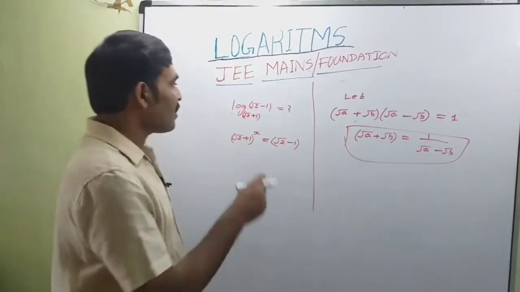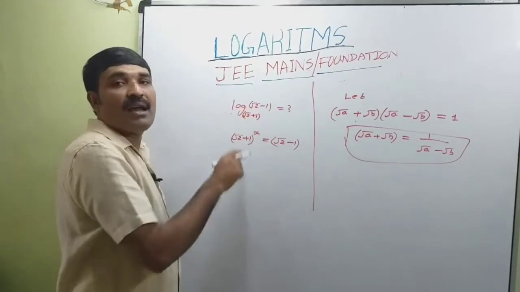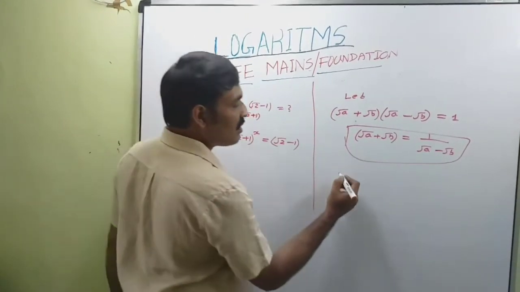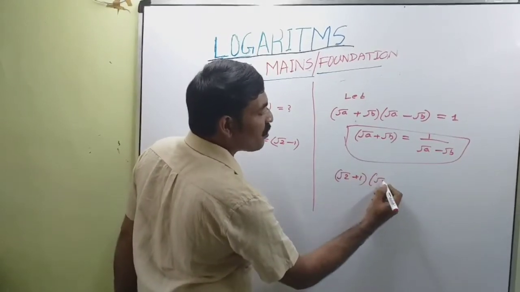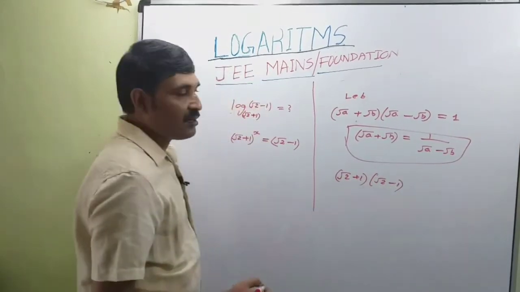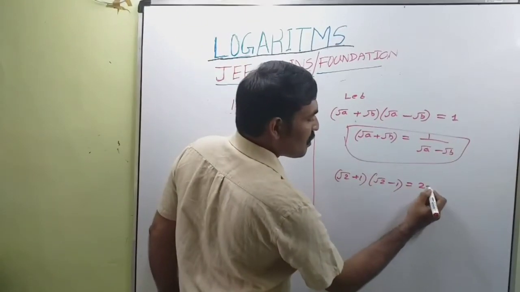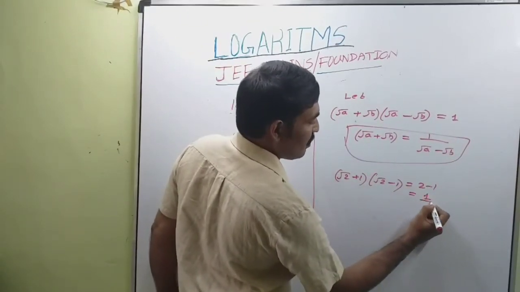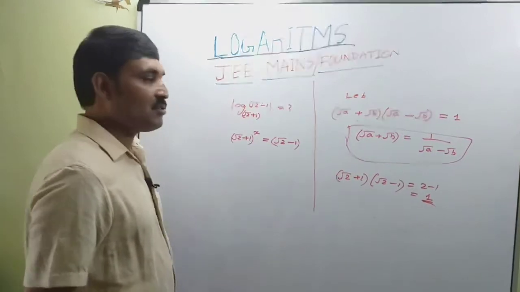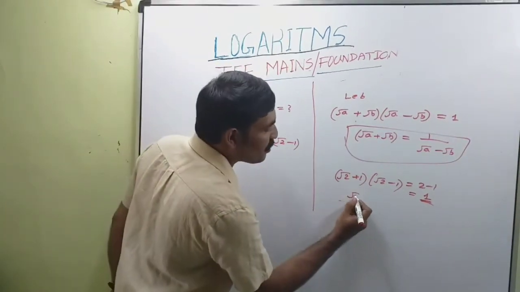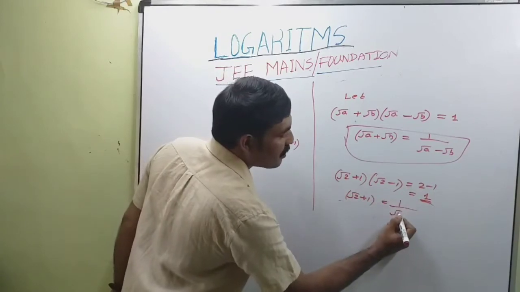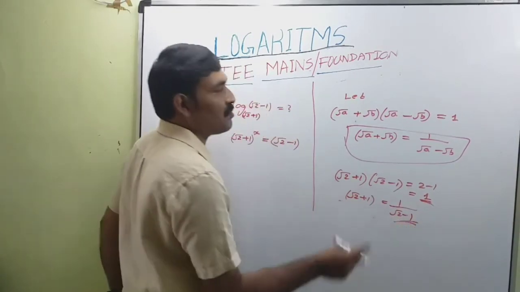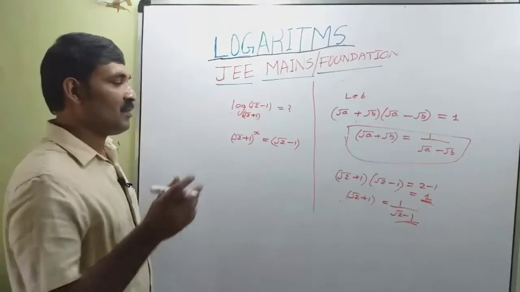Okay. Now consider the terms root 2 minus 1 and root 2 plus 1. That is root 2 plus 1 into root 2 minus 1, which is equal to 2 minus 1 is equal to 1. Right. So we can write root 2 plus 1 is equal to 1 by root 2 minus 1 by making use of this identity.